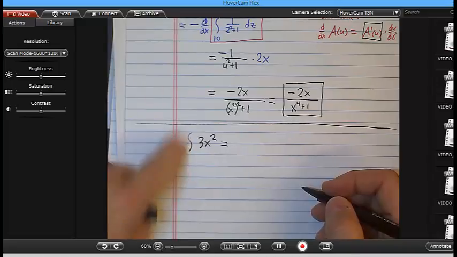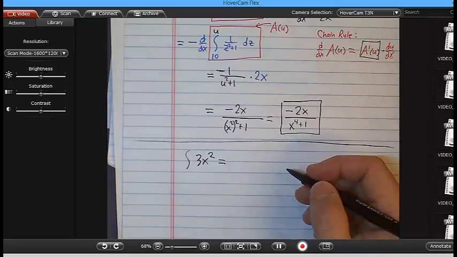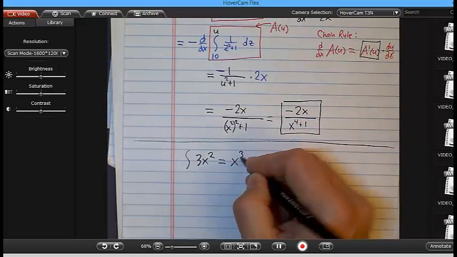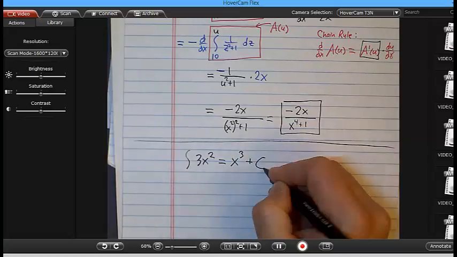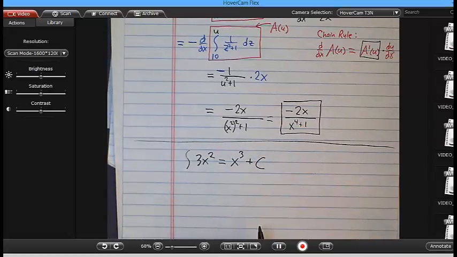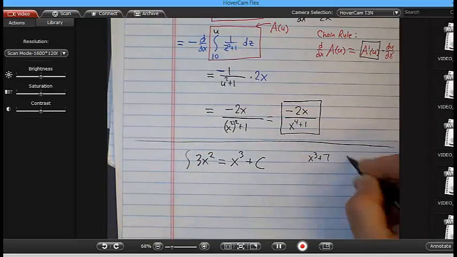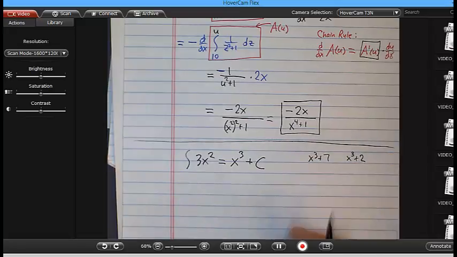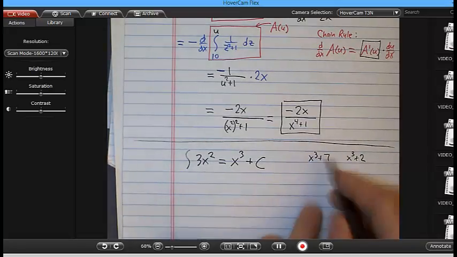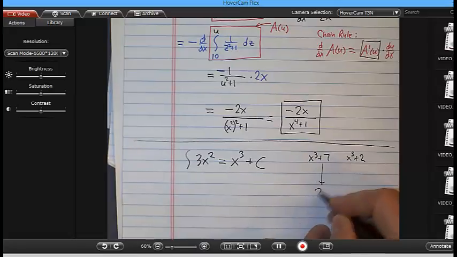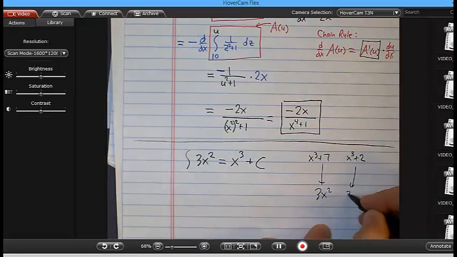This is an indefinite integral. What do we put? X cubed plus, we learned that we have to put a plus c, right? Because any of these things, if I take x cubed plus 7, x cubed plus 2, these are both antiderivatives. If I take the derivative of either one of these, you get 3x squared. Well, here's a question.